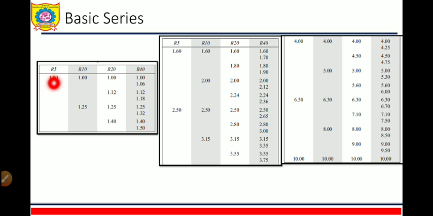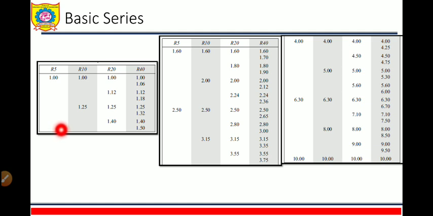So first R5. The first number is 1. I have to go from number 1 to number 10 using different series. So first of all, I will consider the R5 series. R5 means the fifth root of 10, which is 1.58.